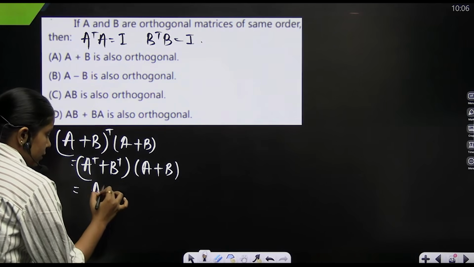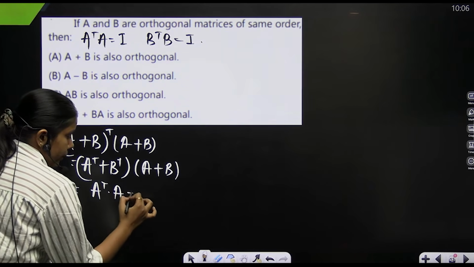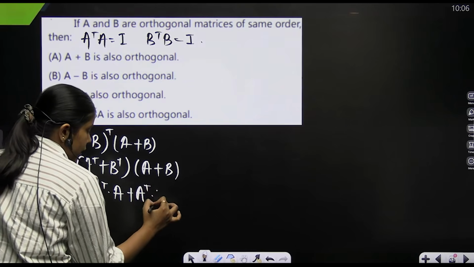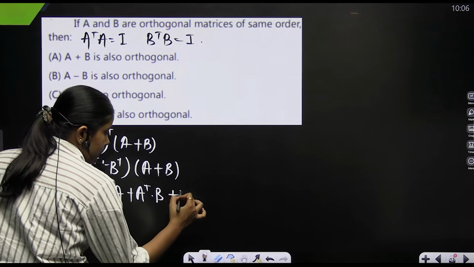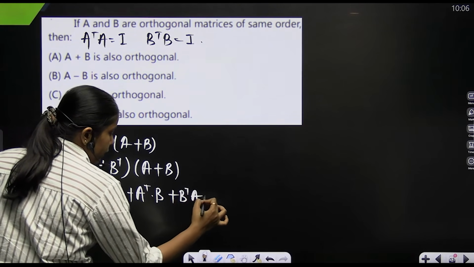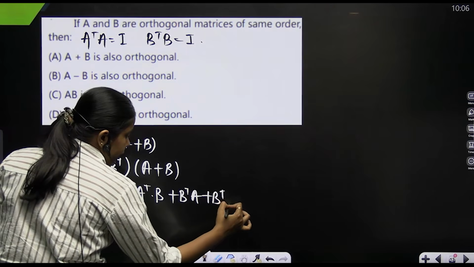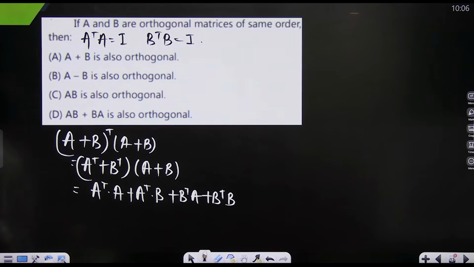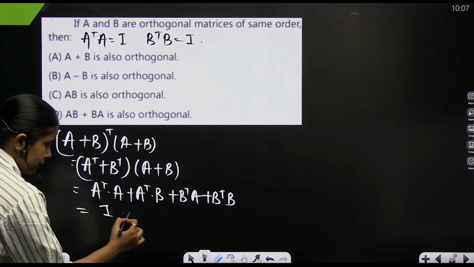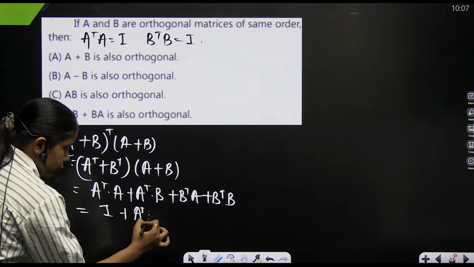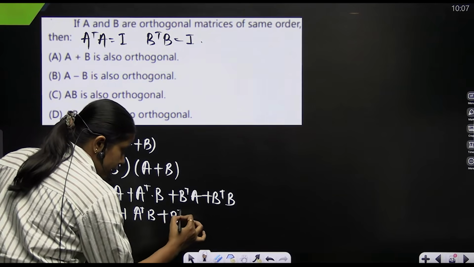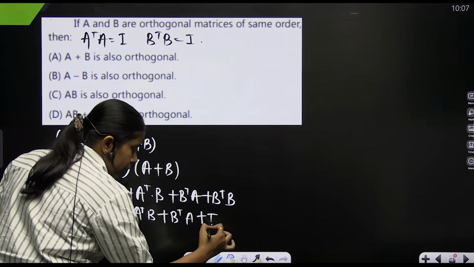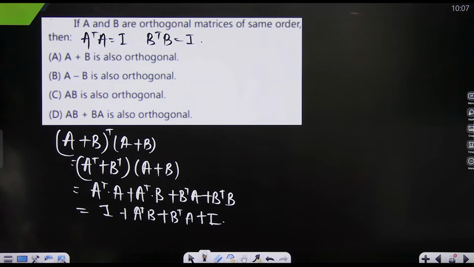A transpose A plus A transpose B plus B transpose A plus B transpose B. But this is not becoming an identity. A transpose A is identity, B transpose B is identity, but A transpose B and B transpose A are not. This is not becoming an identity, so I can say that option A is incorrect.